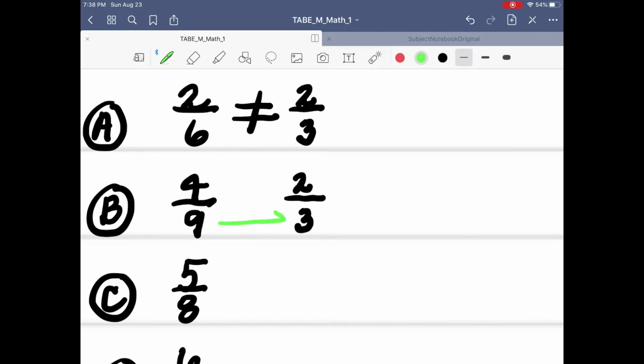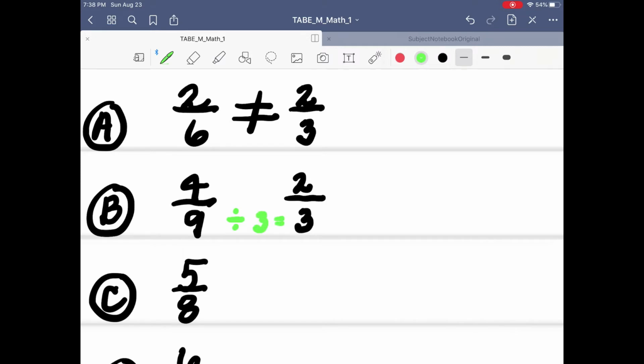In this one, I am breaking the 9 down to a 3. In other words, I'm taking that 9 on the bottom and breaking it down to a 3. You could also do it on top, breaking the 4 down to a 2, but I want to do the denominators because that will help me in the next lesson.